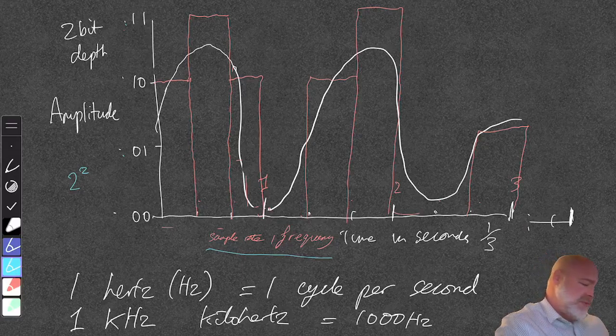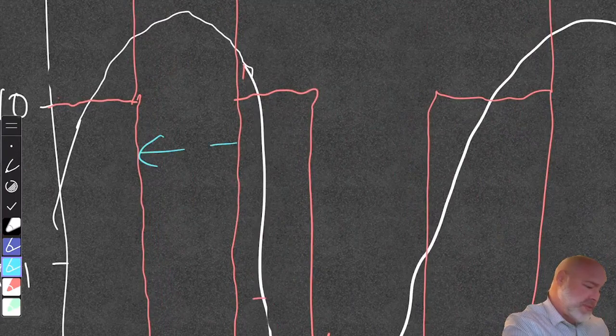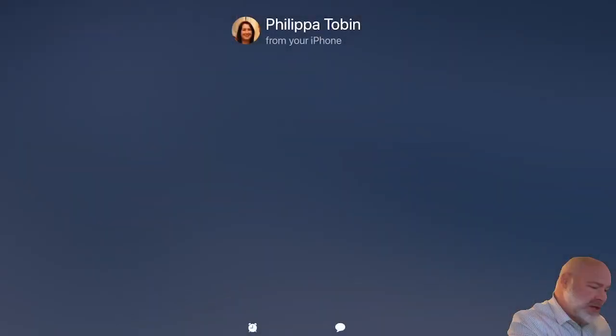We've got the amplitude on the y-axis and our time on the x-axis. And let's just zoom in for a minute. That's our sample.